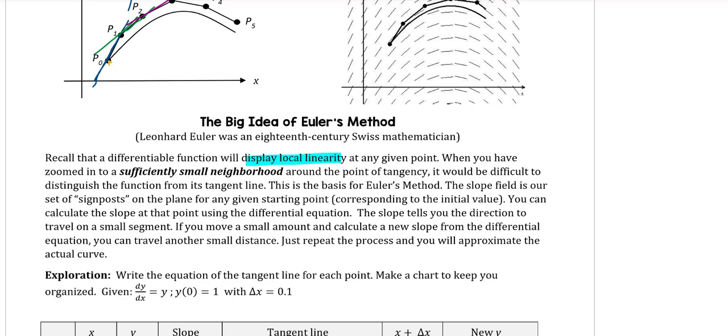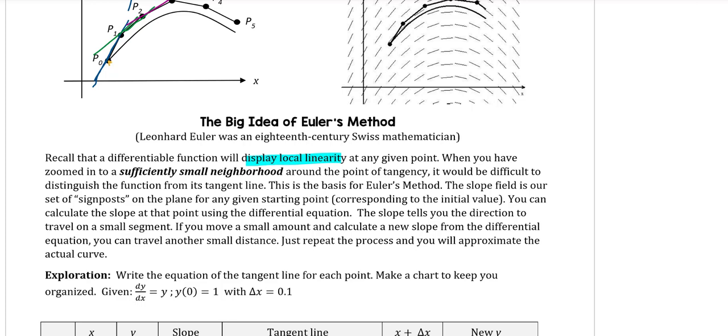We want a really small delta x so that the value of the slope at that point will be almost exactly the same as the value of the function.